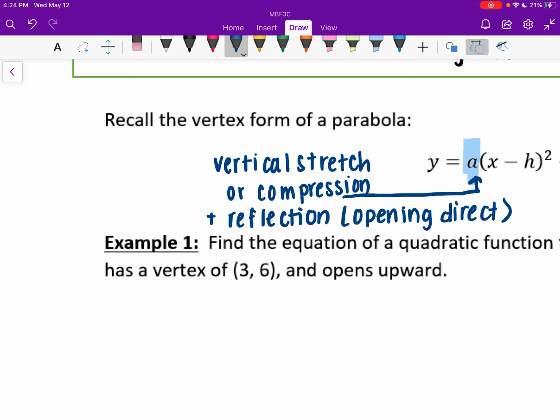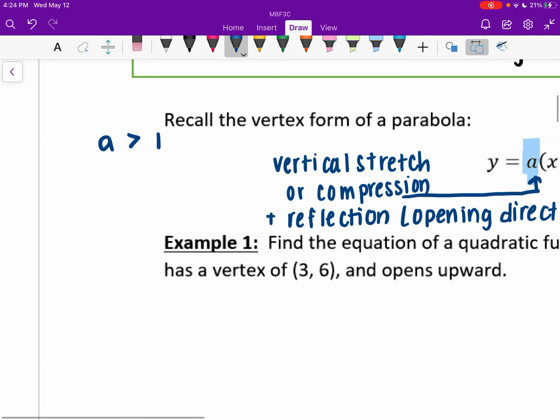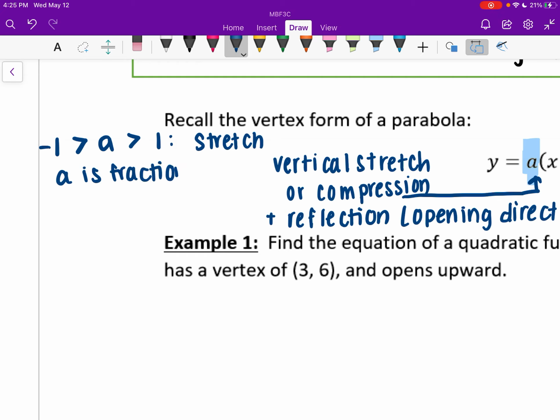So let's do that. If a is greater than 1 or less than negative 1, so if a is an integer, you're going to have a stretch. If a is a fraction, you'll have a compression.